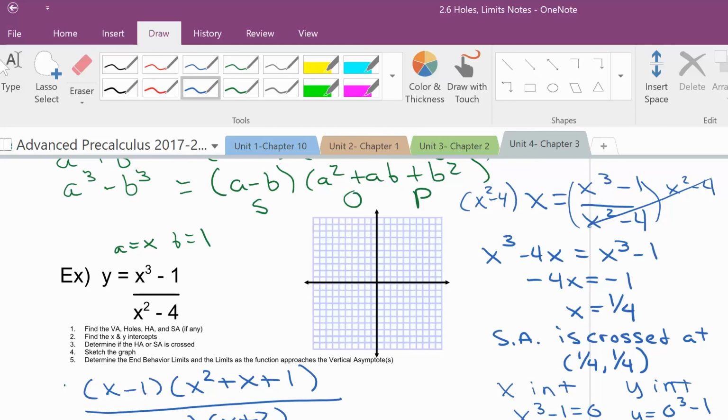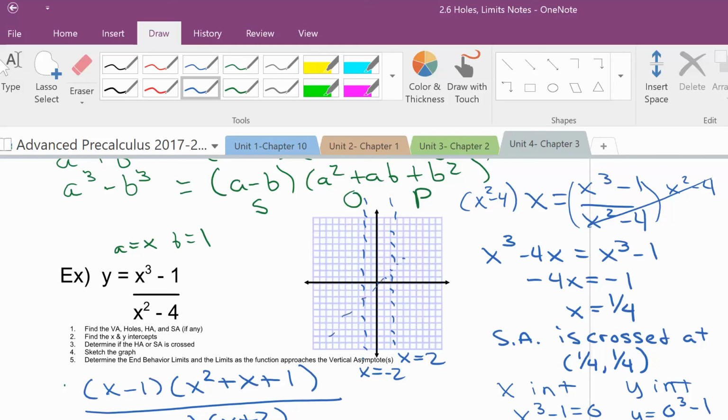So when you graph this, you have vertical asymptotes at -2 and +2. You have a slant asymptote at y equals x. So that means it goes through the origin and you go up 1 over 1, so the slope is going to be 1.